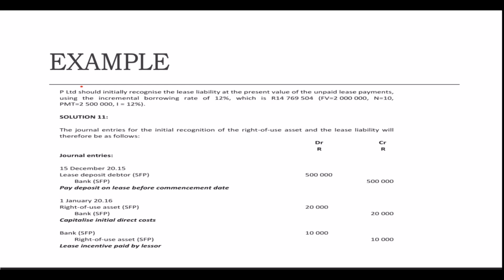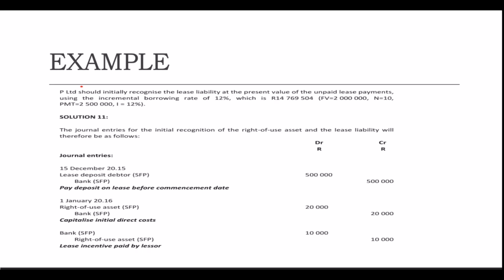The calculator calculates based on the fact that the period of the agreement is 10 years and you are paying the same regular amount of 2.5 million every year. Your I is 12%. You compute present value, which gives you 14,769,504.